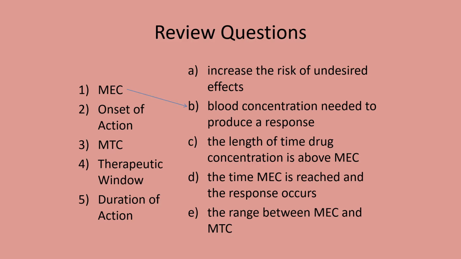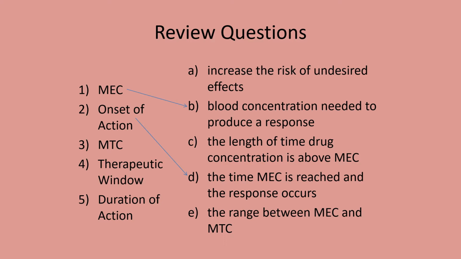Onset of action: when you first take the drug, it may not work right away. How long does it take to kick in? The time MEC is reached and the response has occurred. So take it at time 0, nothing works. Wait a little bit. Once it starts kicking in, that is the onset of action.